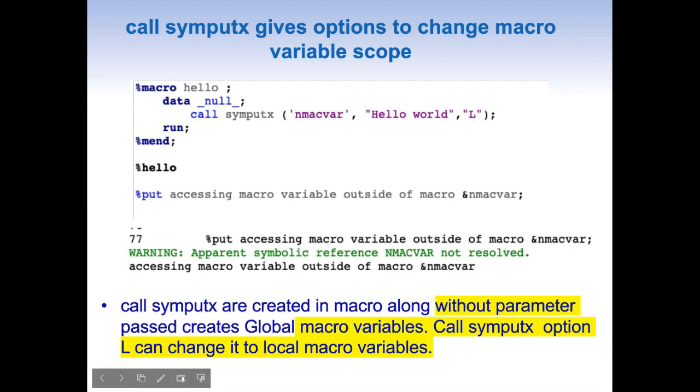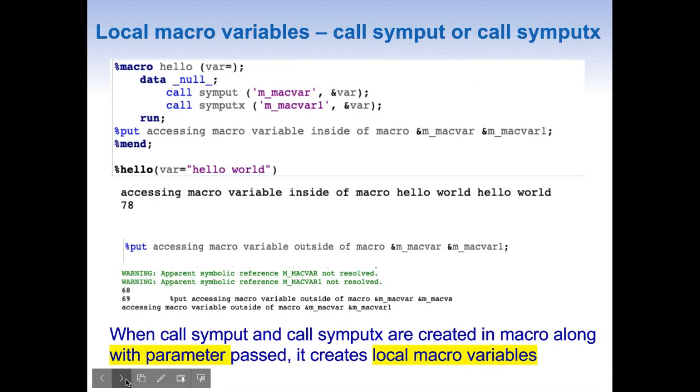Now we have looked into this aspect. Now let's look at something different. This is very similar to the other macros we have created, but here we have a parameter.